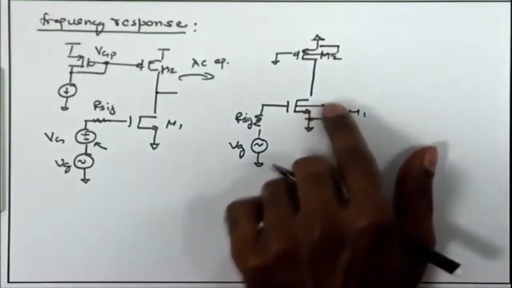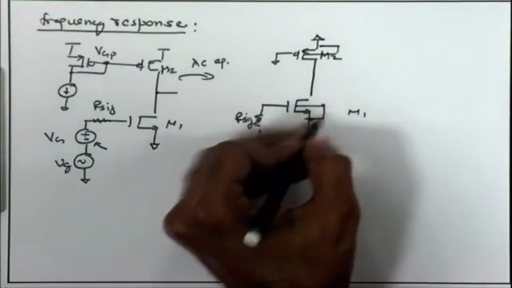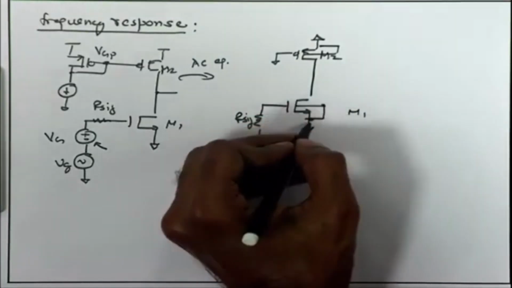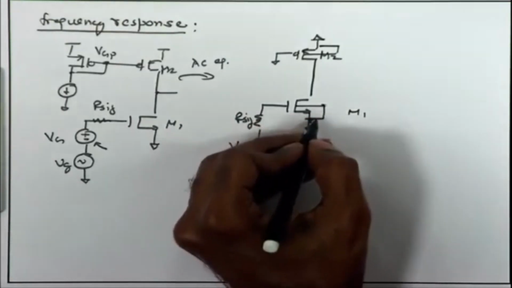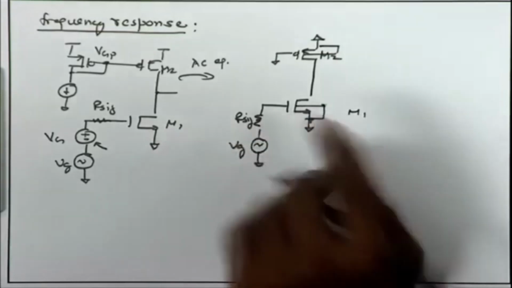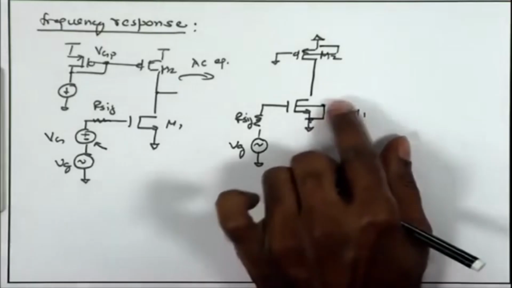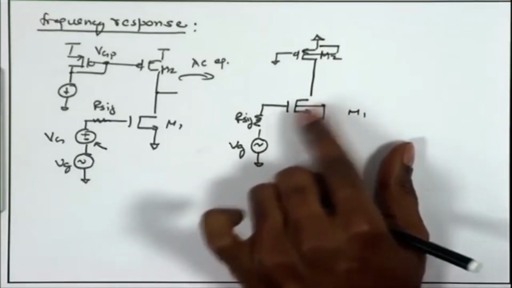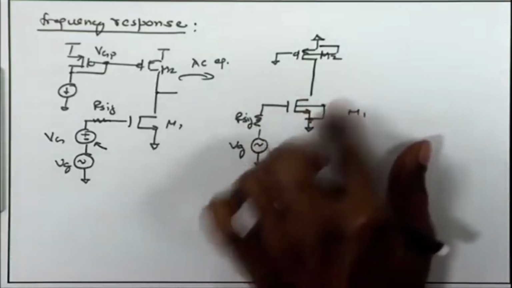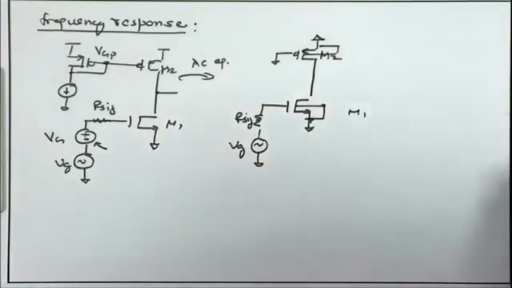So, the CSB is eliminated because of this AC ground. You may have a DC potential between the body and the source, but both of them are fixed to DC potentials, and as a result both of them are AC ground. So, there is no AC potential, there is no change in the potential across S and VB. As a result the small signal VSB is 0 and I do not need to care about the effective small signal capacitance between VS and VB.